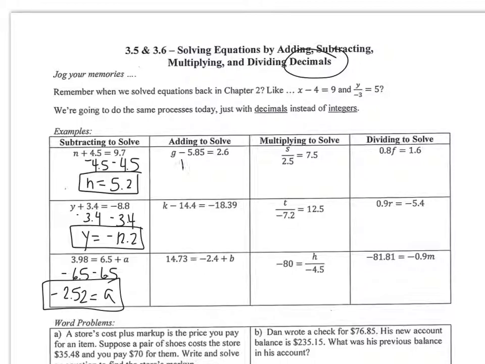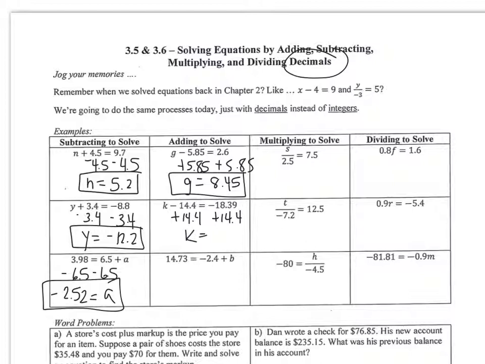So adding to solve, you're going to add 5.85 to each side. So G equals 2.6 plus 5.85, and you get 8.45. And then to solve for K, you add 14.4 to each side.